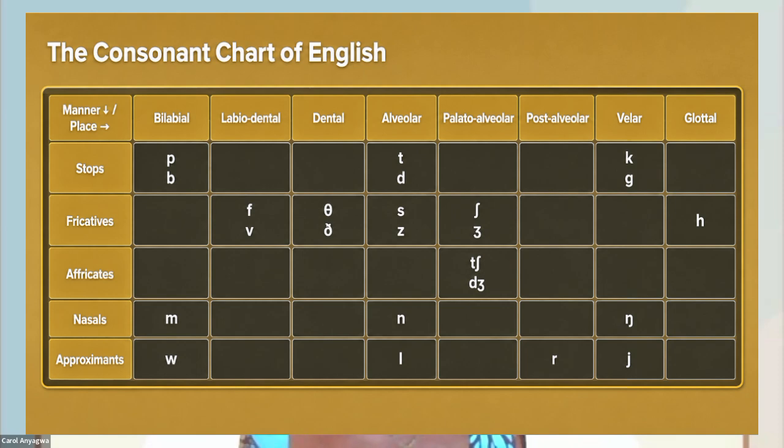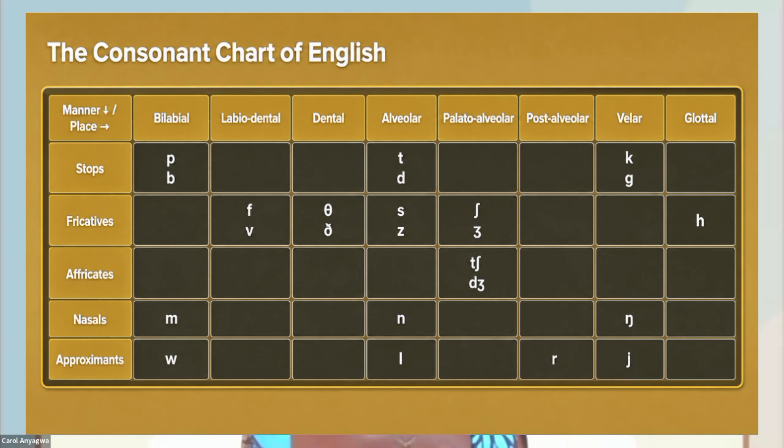And where you find two sounds in a cell, it simply means that the first one is voiceless and the second one is voiced. You might also have noticed that there are some cells that do not contain any sound. It simply means that there is no English consonant in that category.